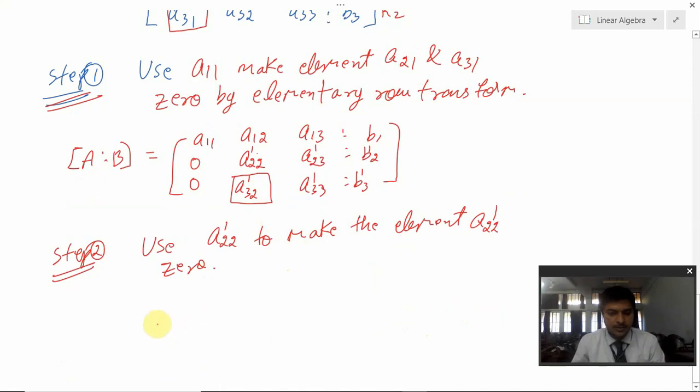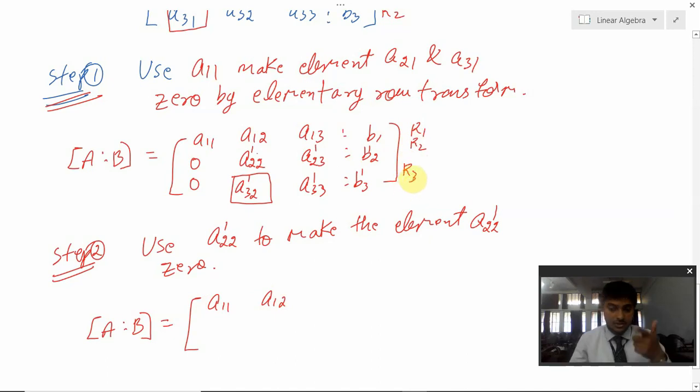Then again you have to write the augmented matrix A B. So this is A11, A12. Please remember R1, R2 and R3 are changed. So here you have to fix R1 and R2.